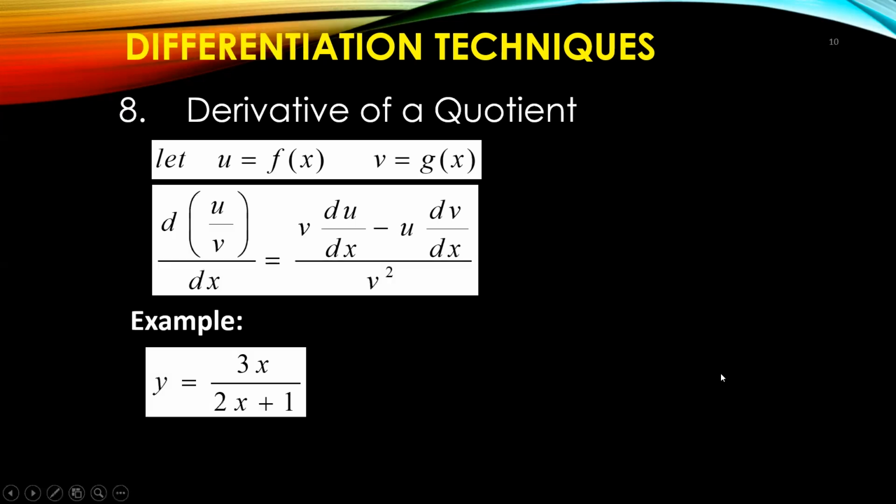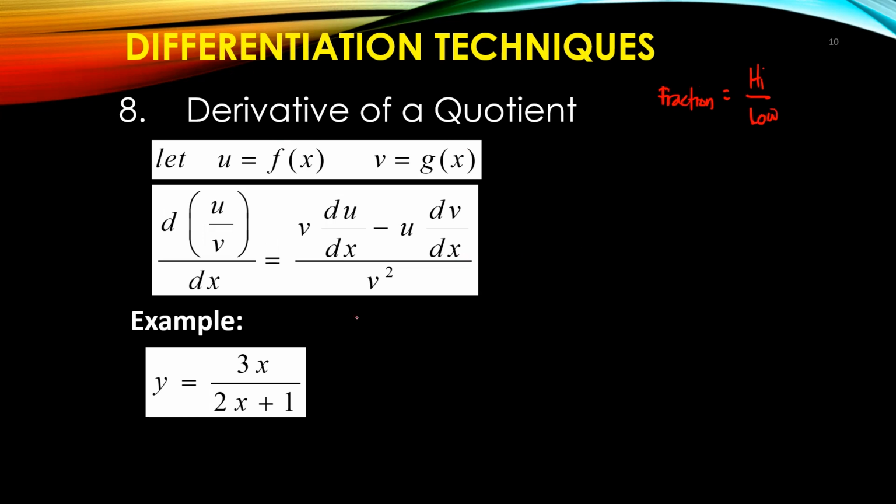All right. Next is the quotient. With this, for the quotient, I usually write it like this. Remember that for a fraction, the numerator is the high and then low.